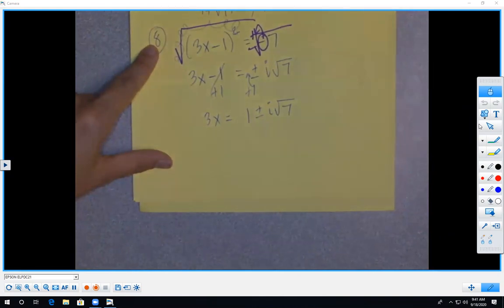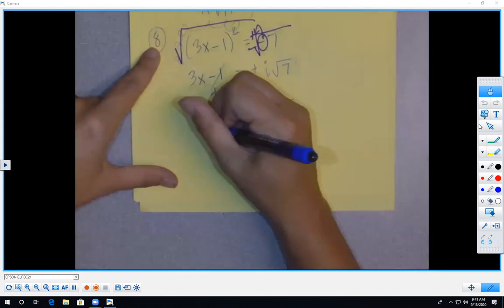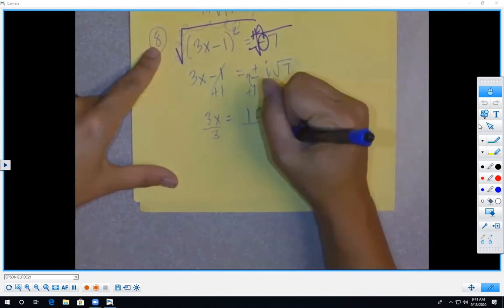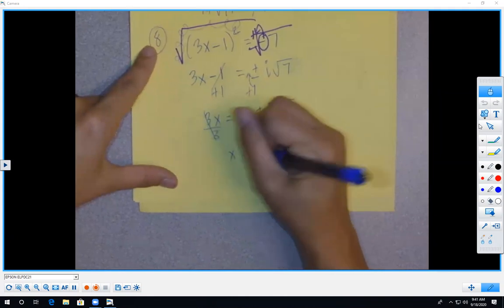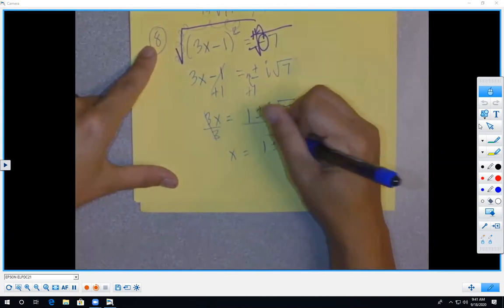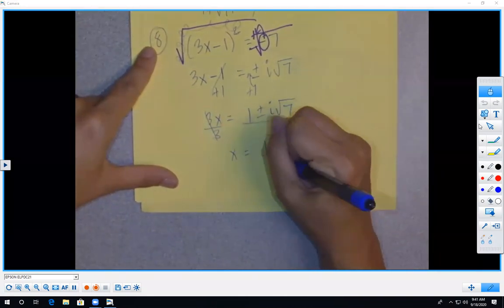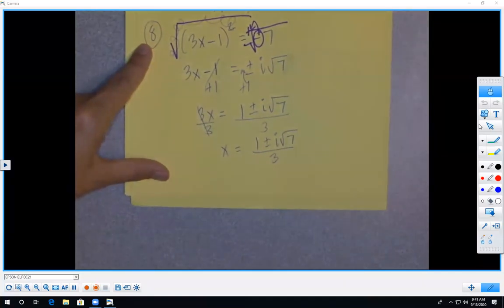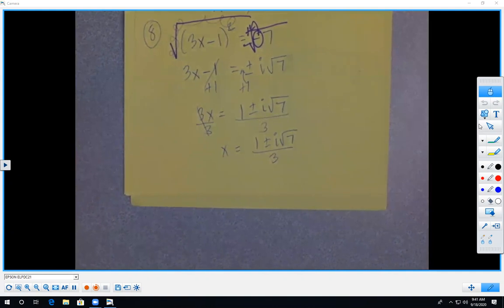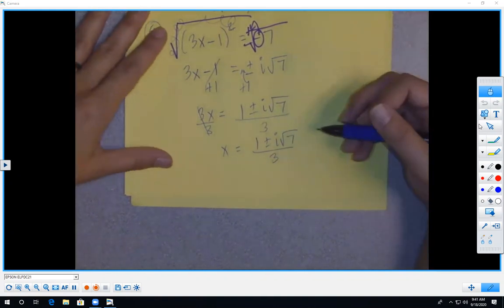And now how do I solve for x? Divide both sides by 3. So I get x equals 1 plus or minus i times the square root of 7, divided by 3. That should look a little bit familiar. What does that kind of look like? Yeah, if you solved using the quadratic formula, that's kind of how your answers usually turn out.